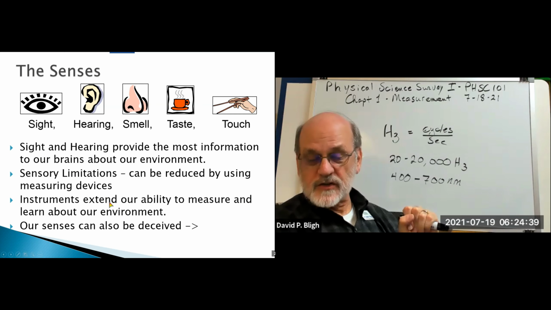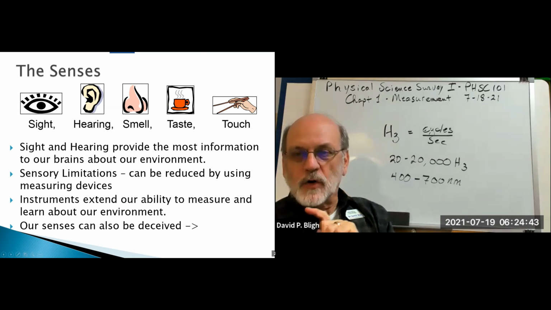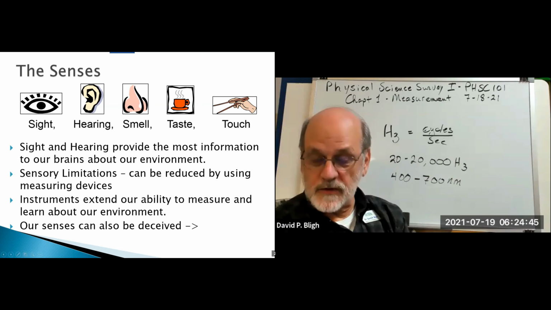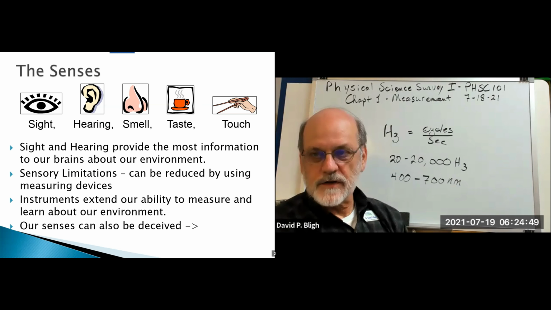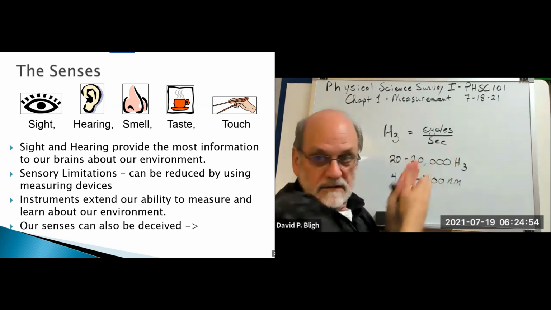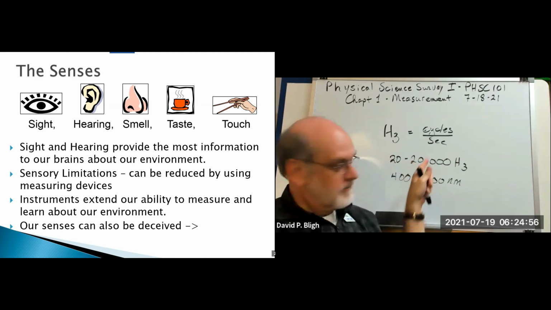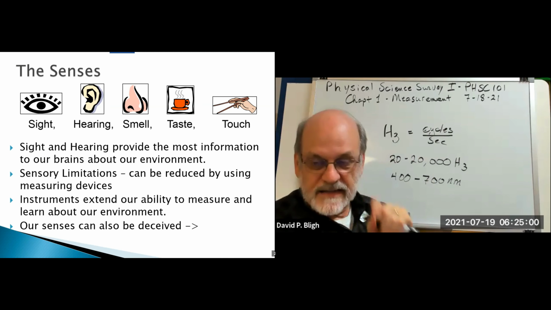And so these instruments are not just able to observe outside our sensory limits, but they're also more accurate. In other words, they can subdivide the divisions between very close measurements and get very fine detail.